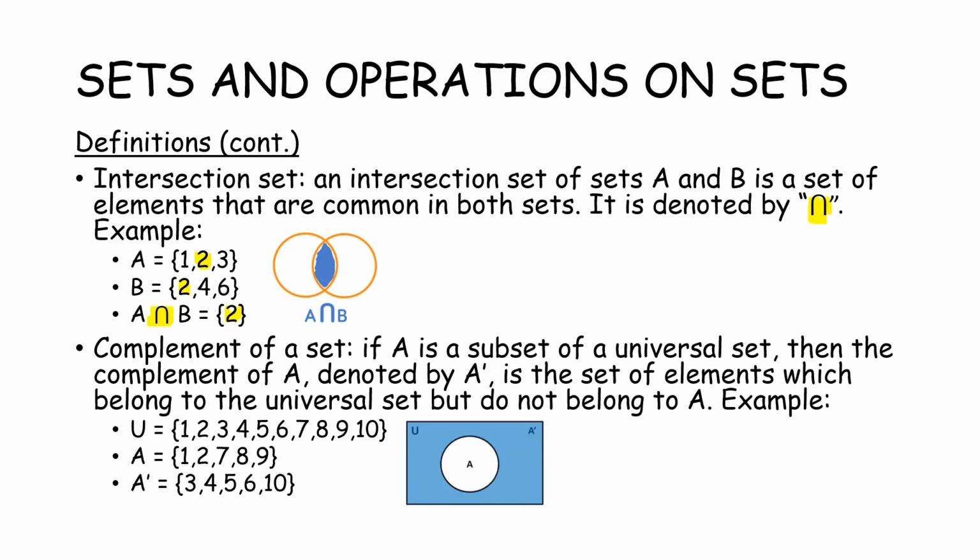In this example, we have the universal set is equal to all numbers ranging from 1 to 10, and the set A is equal to the numbers 1, 2, 7, 8, and 9. As such, the complement of set A, or A prime, is equal to the numbers 3, 4, 5, 6, and 10, since they are part of the universal set but do not belong to set A.